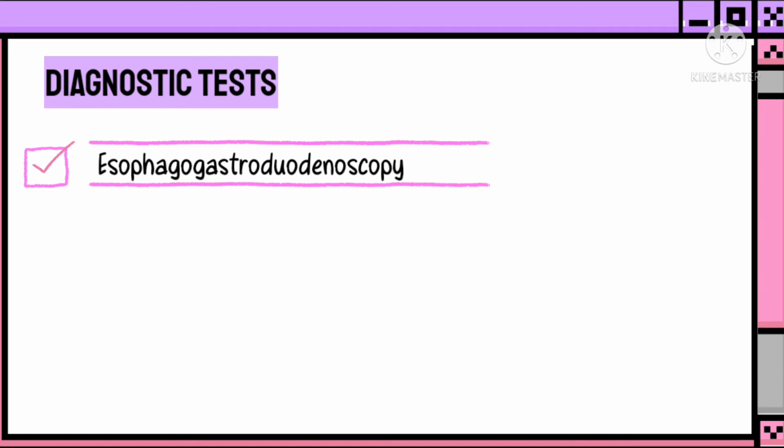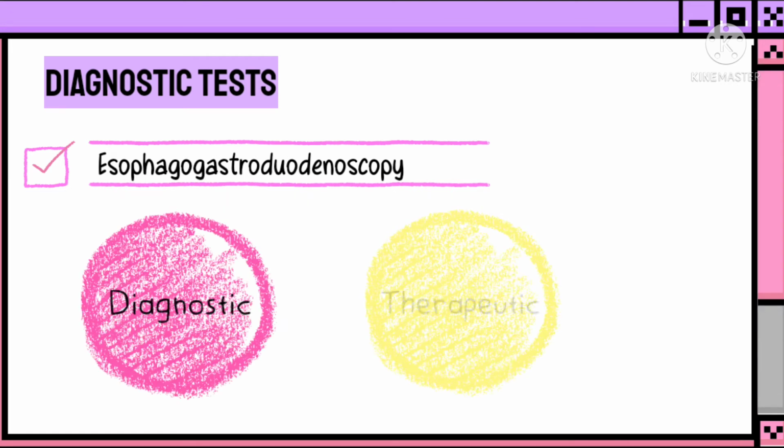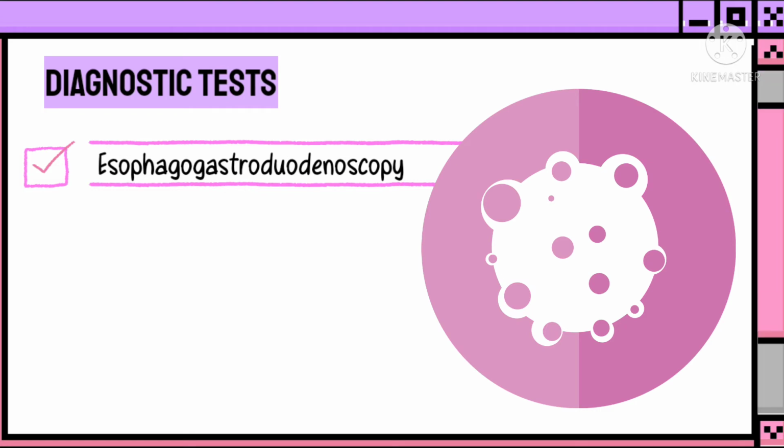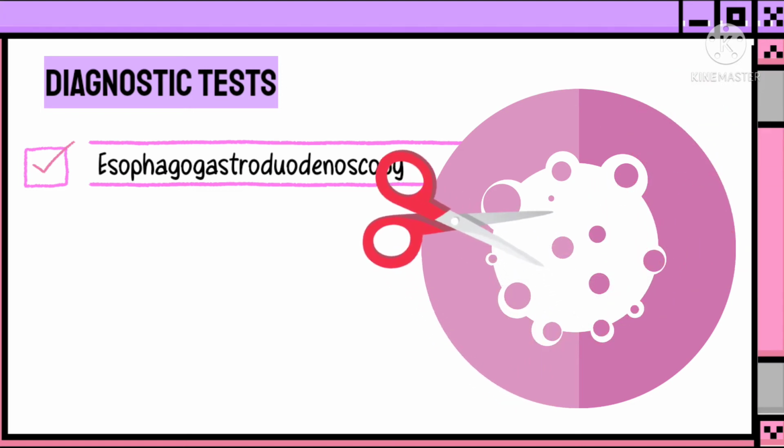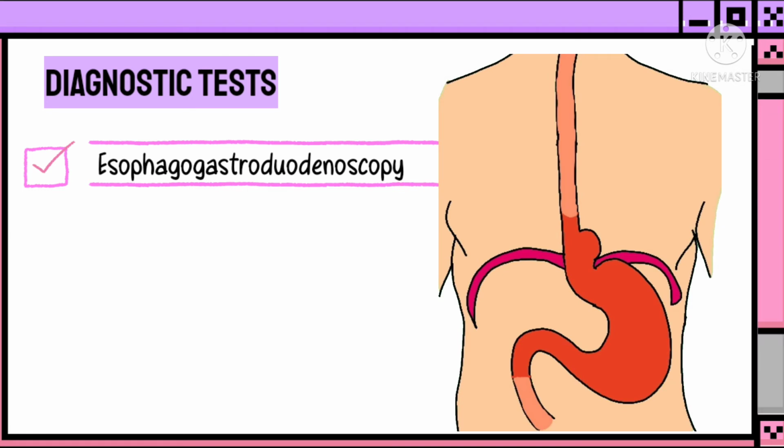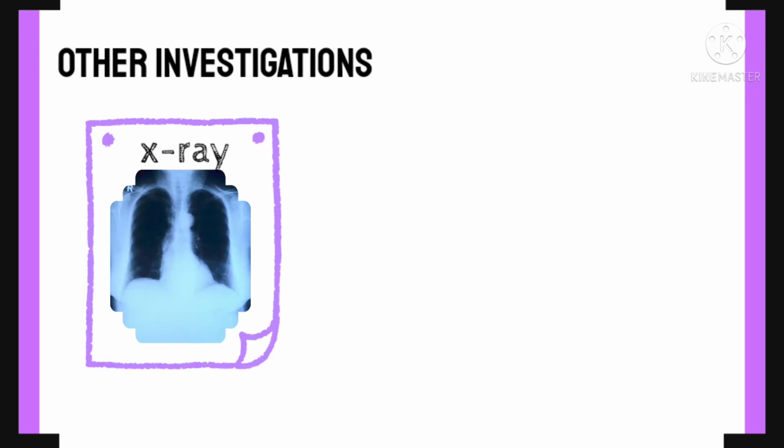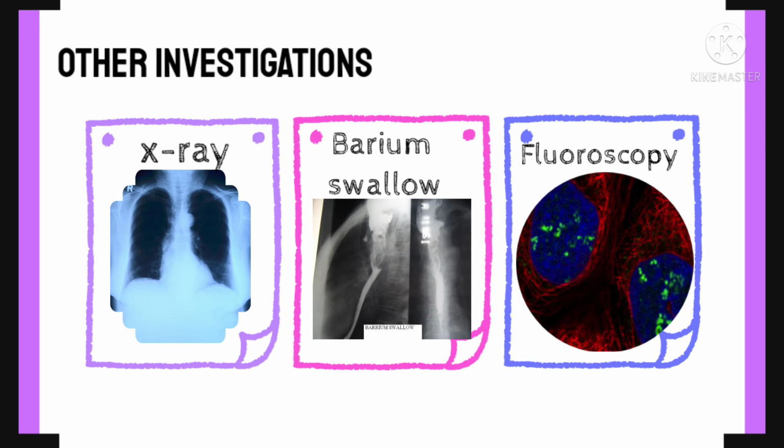This procedure is both diagnostic as well as therapeutic, wherein it can help visualize the problem and can also be used to put in instruments and remove a small growth or tissue sample. For hiatal hernia, it only has a diagnostic purpose. Other investigations that can be done are X-ray studies, barium swallow and fluoroscopy.